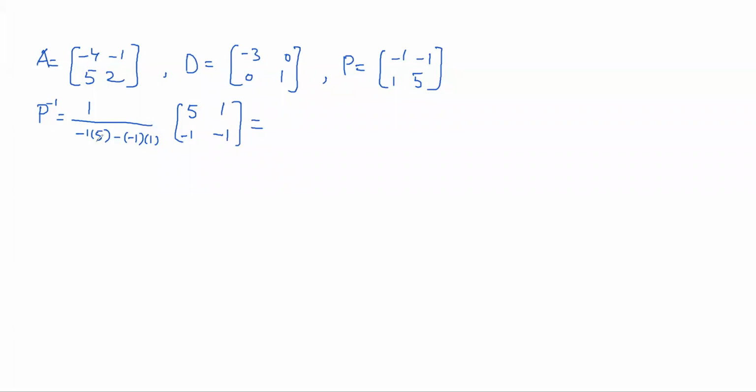So this is minus 5 plus 1, so it is minus 1 over 4. So it will be 1 over 4, and then I take the minus sign inside, so it will be minus 5, minus 1, 1, 1.